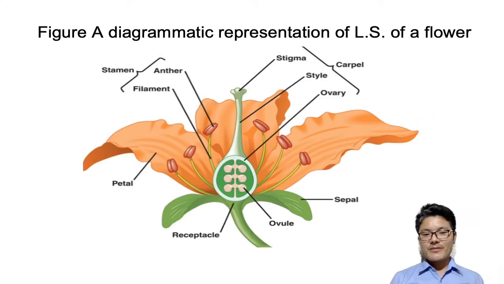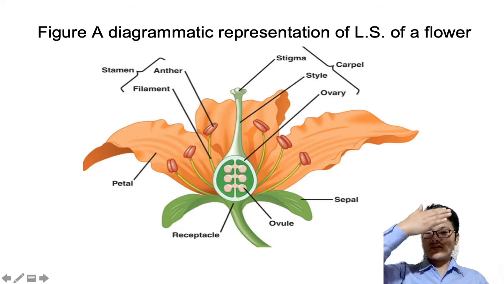Now, to summarize the male and female reproductive parts, and to make ourselves clear about the structure of a flower, you are able to see here a diagrammatic representation of a longitudinal section of a flower. LS here refers to longitudinal section.